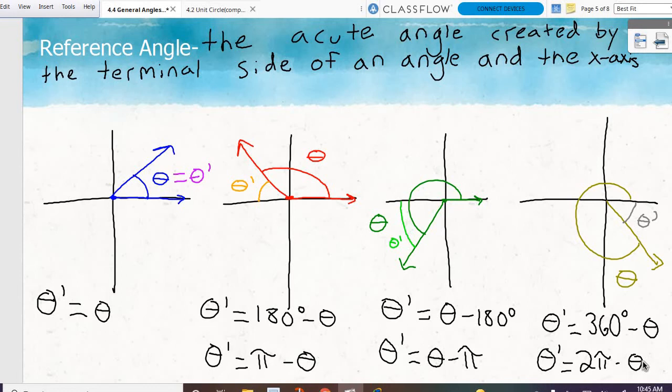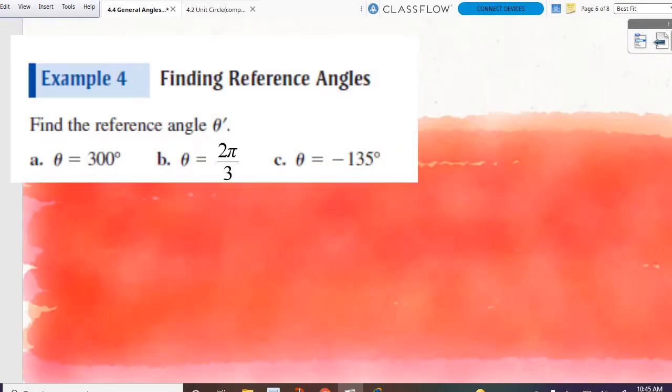Are we okay with that? Questions so far? No? Okay, so let's use those formulas a bit. It says finding reference angles. So it asks us to find the reference angle theta prime for each of the following.